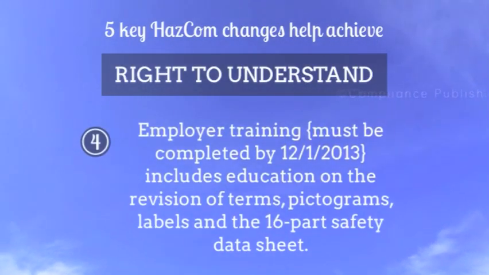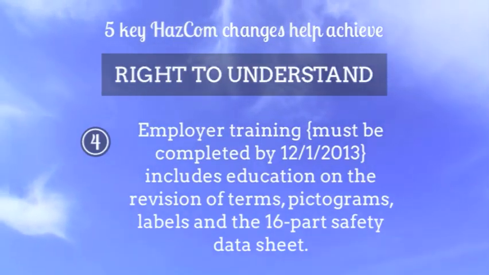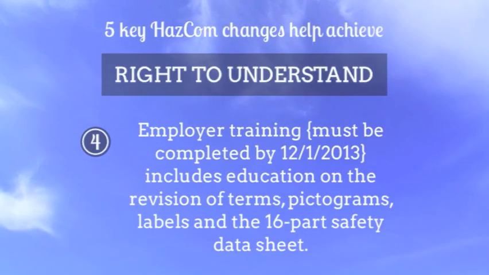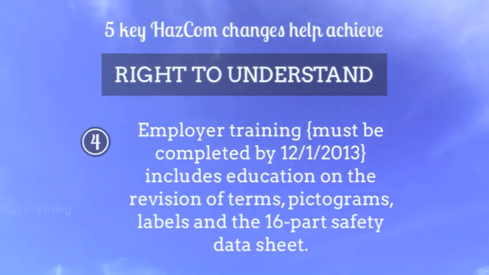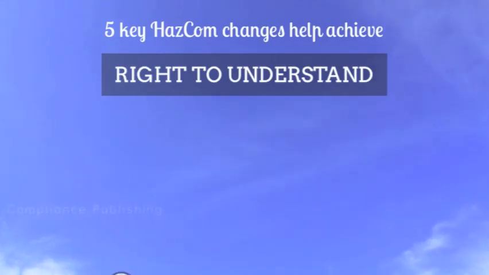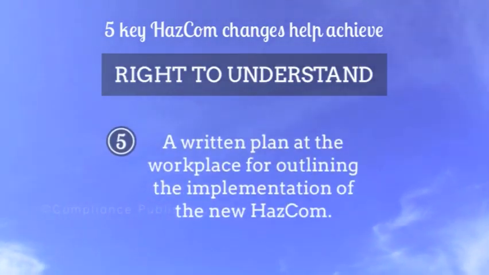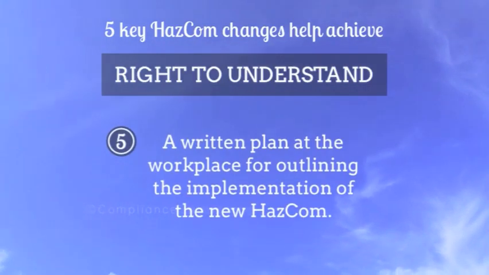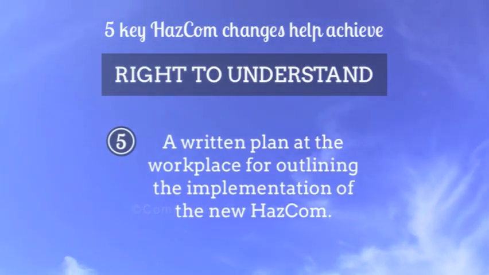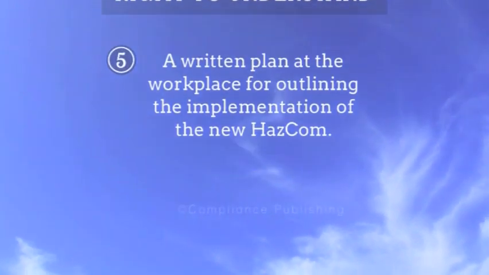Number 4, employer training must be completed by December 1st of 2013, including education on the revision of terms, pictograms, labels, and the 16-part safety data sheet. And number 5, a written plan at the workplace for outlining the implementation of the new HazCom.